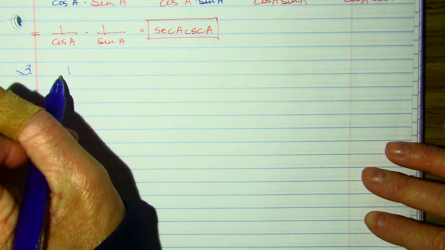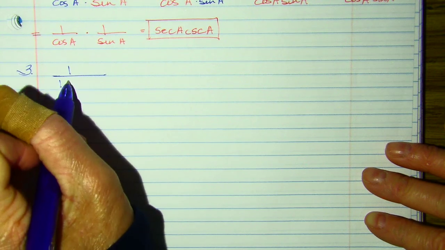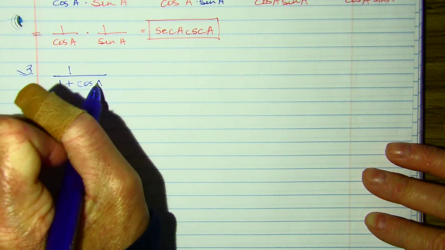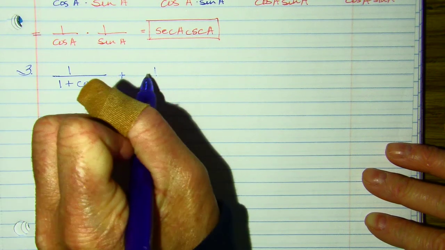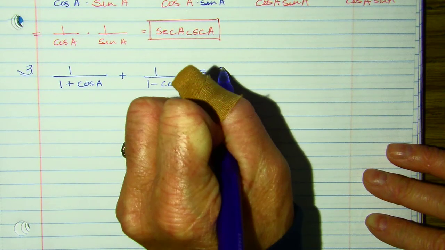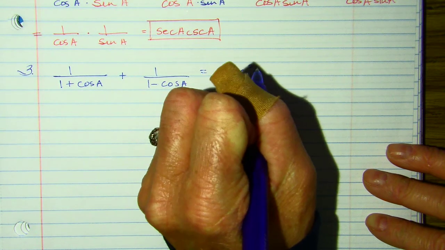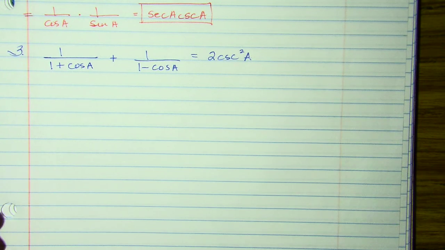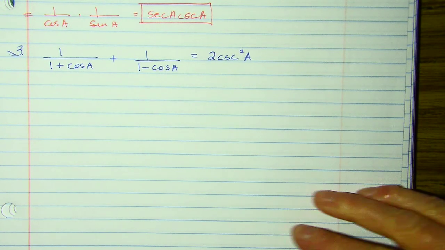Next one, we're going to show that 1 over 1 plus the cosine of A plus 1 over 1 minus the cosine of A equals 2 cosecant squared of A. All right, so this one again we are adding, and in order to add I have to create a common denominator.